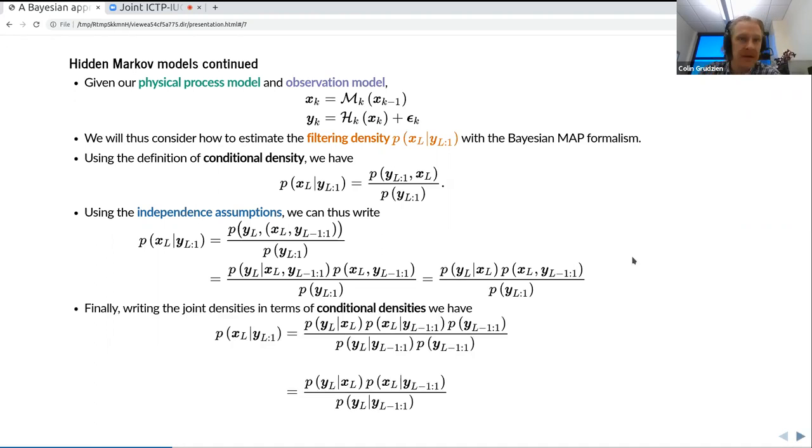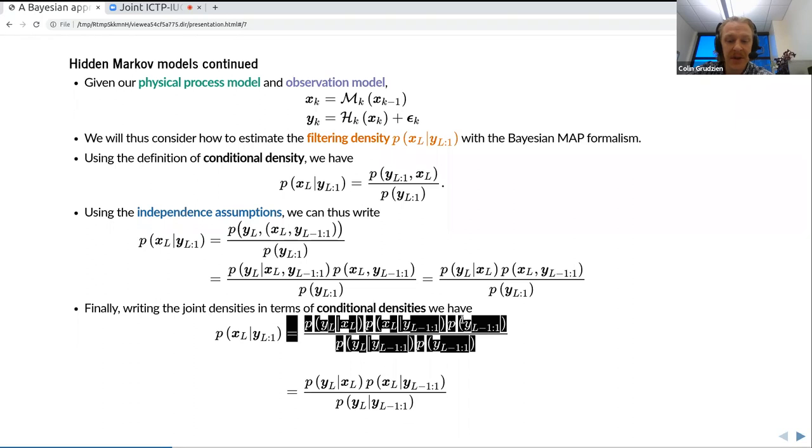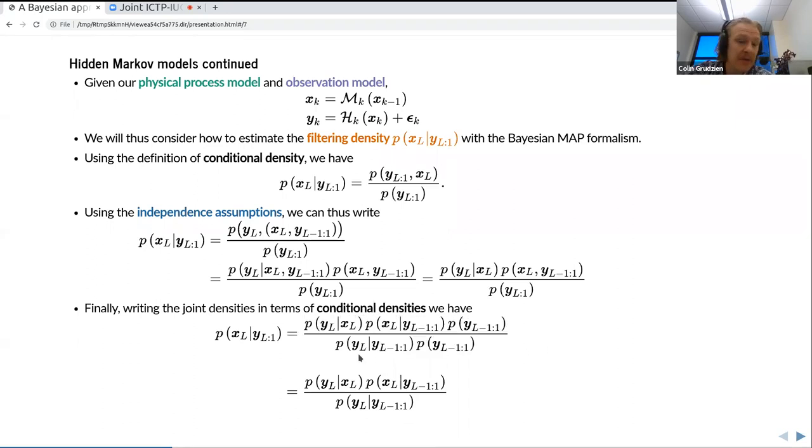And once again, if we follow the same arguments, if we want to take a conditional on XL given our past time series, we would write that as such, and then we have the density for the past time series. Respectively in the denominator, we can write our conditional for the current observation given the past time series times the density for the past time series.